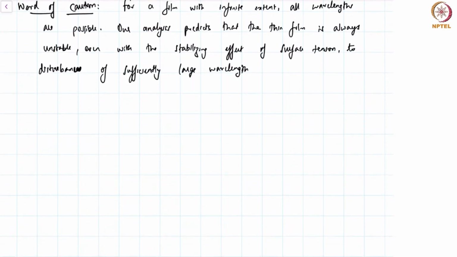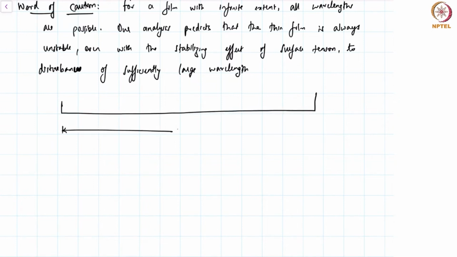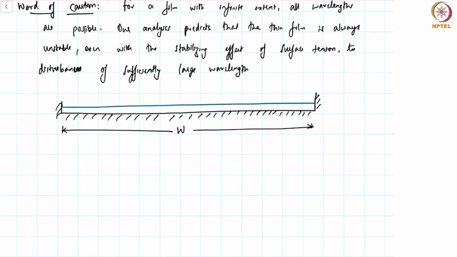There is a finite container. So for example, if I take a container here of, let's say, width W, this is my container. And in this container, there is a thin film. So my thin film is basically exactly, my initial thickness of this thin film is H0.